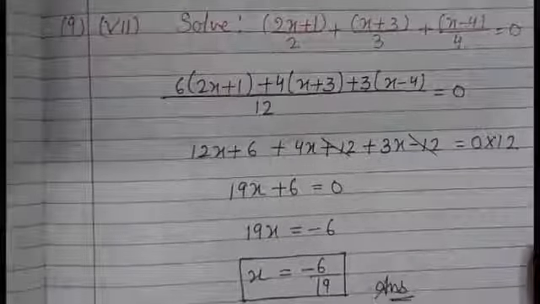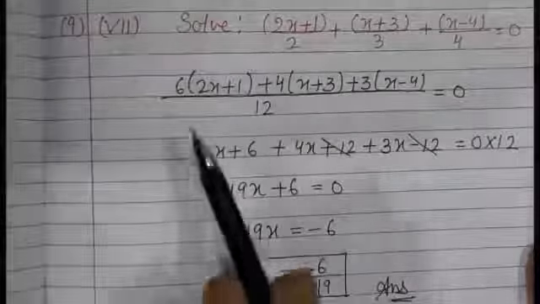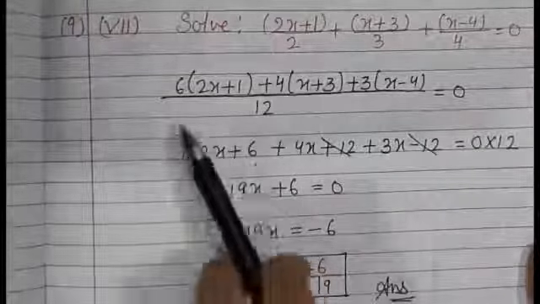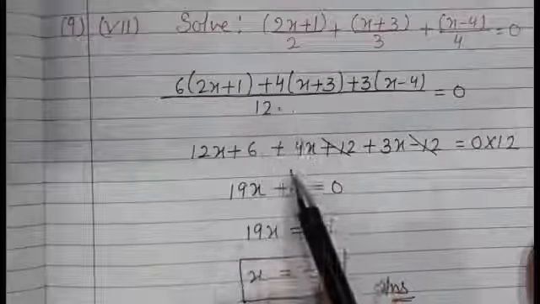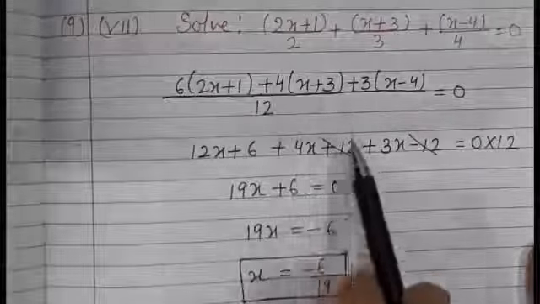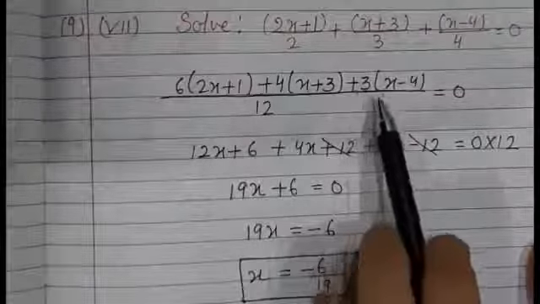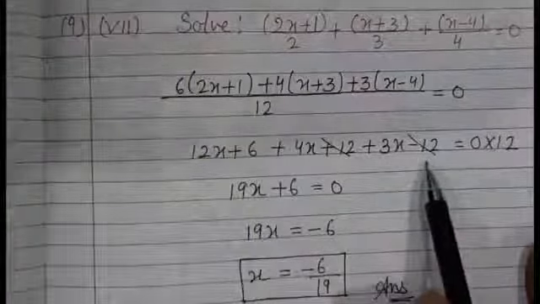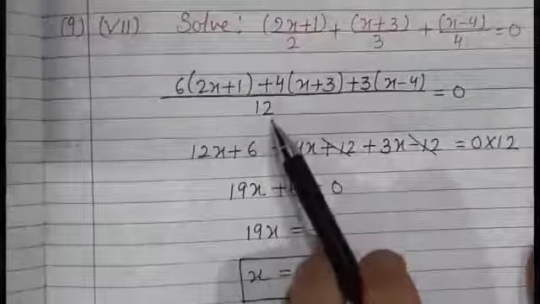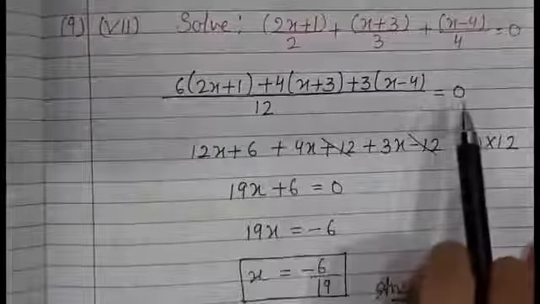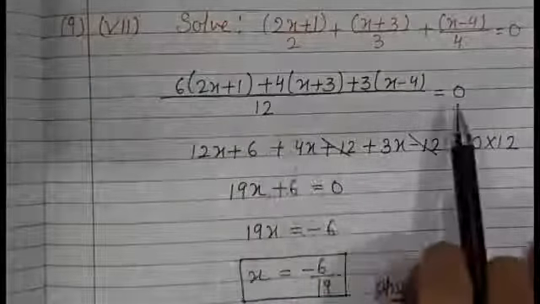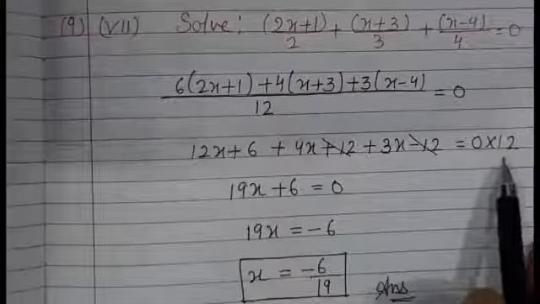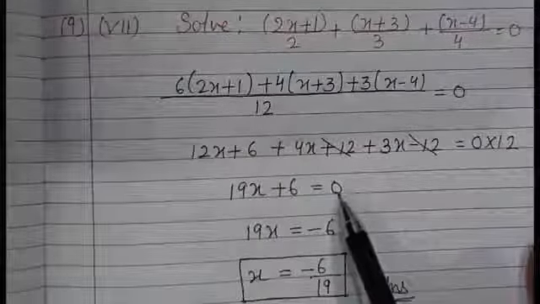When we open the bracket, 6 twos are 12x, plus 6 ones are 6, plus 4x plus 12, plus 3x minus 12 will come. And when we transpose 12 from the left hand side to the right hand side, we have to multiply. So 0 into 12 becomes 0, right?